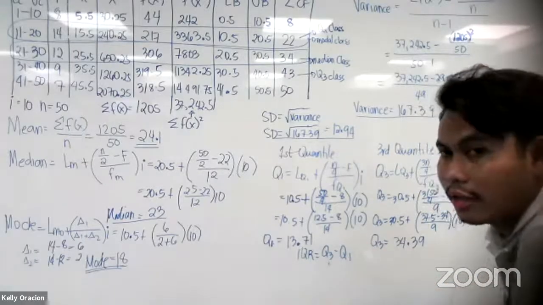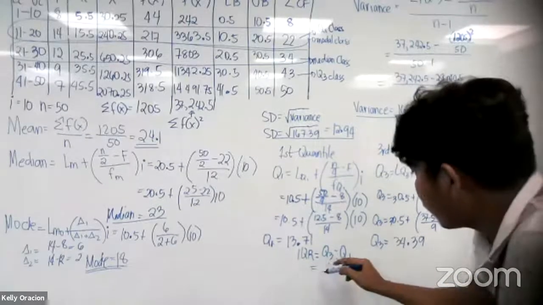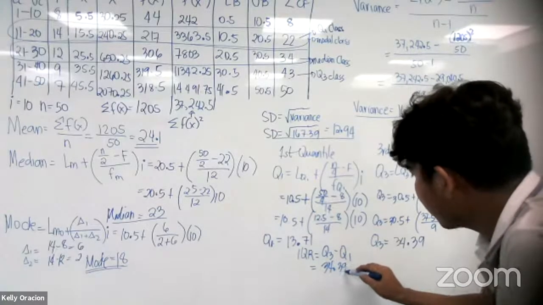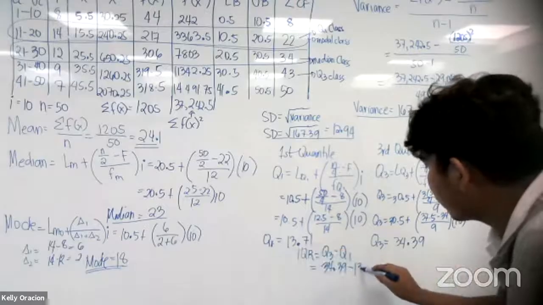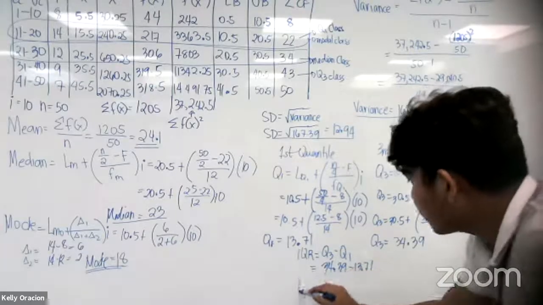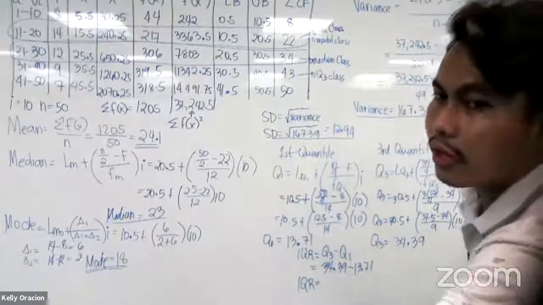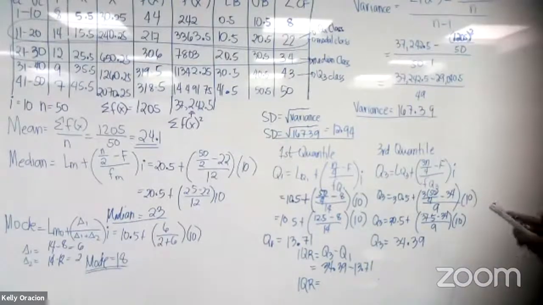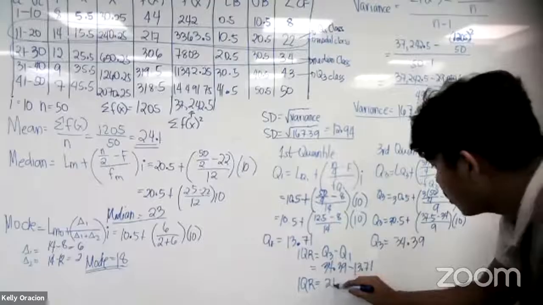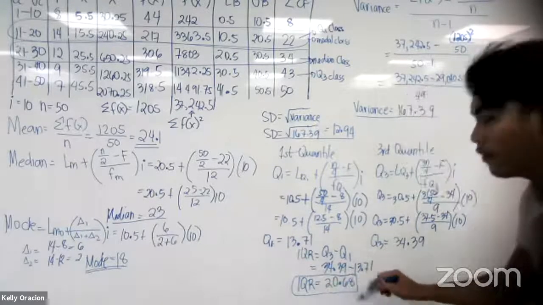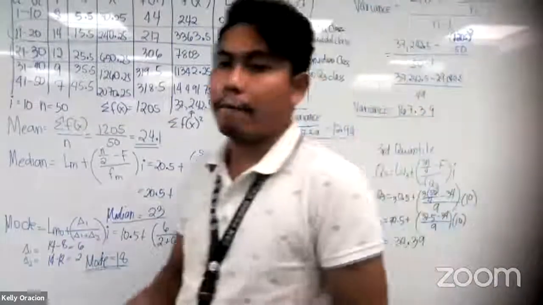So we have quantile 3 is 34.39 minus quantile 1 is 13.71. That means the interquartile range is 34.39 minus 13.71, which is 20.68. This is the value of the interquartile range.